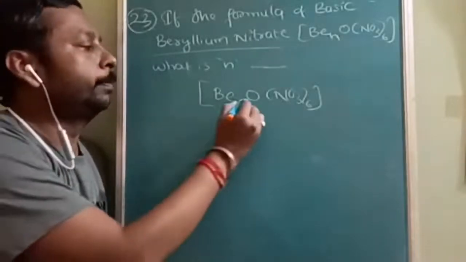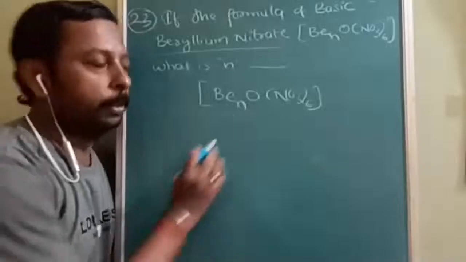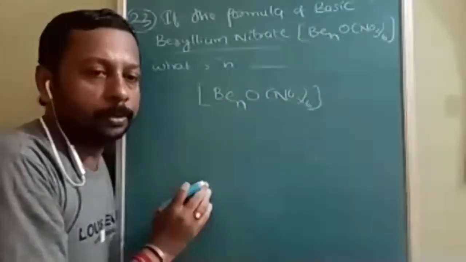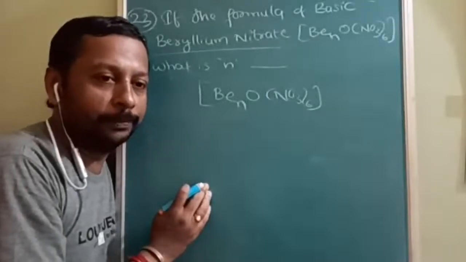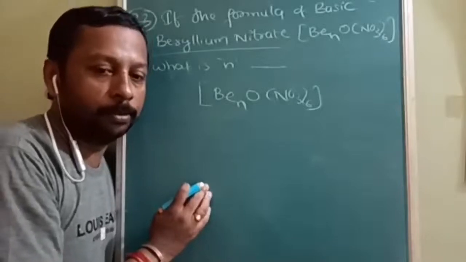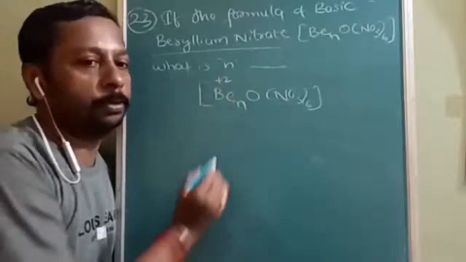See, this question appears to be very complicated, but it is a simple redox question. In a molecule in a redox reaction, there is a rule: the sum of the oxidation numbers of all elements in a neutral molecule must be how much? 0. Very good.